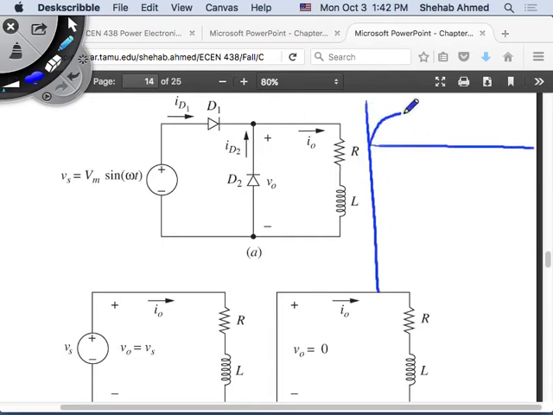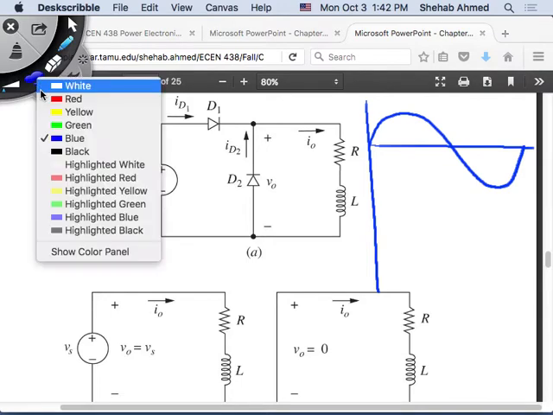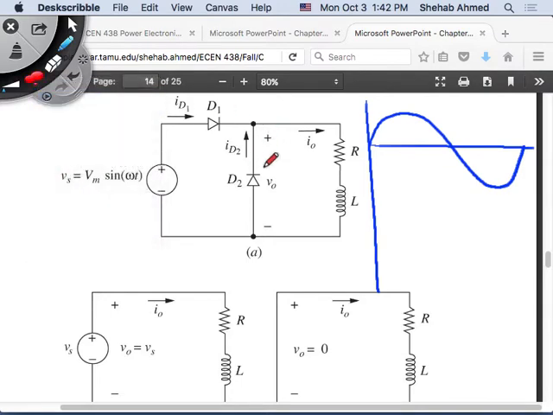Remember, this is my input voltage. For the current, what does the current look like without the freewheeling diode? My current waveform looked like this. Correct? And my output voltage waveform looked like this, right?